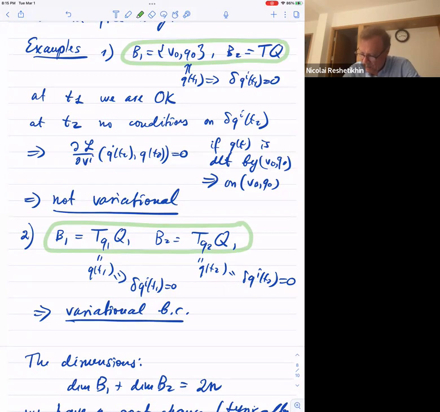So in some sense, you can see the traces of this uncertainty principle in classical mechanics. It says that if you want to have variational boundary conditions, then you cannot fix velocity and coordinates. You cannot fix more than half the variables in one place.